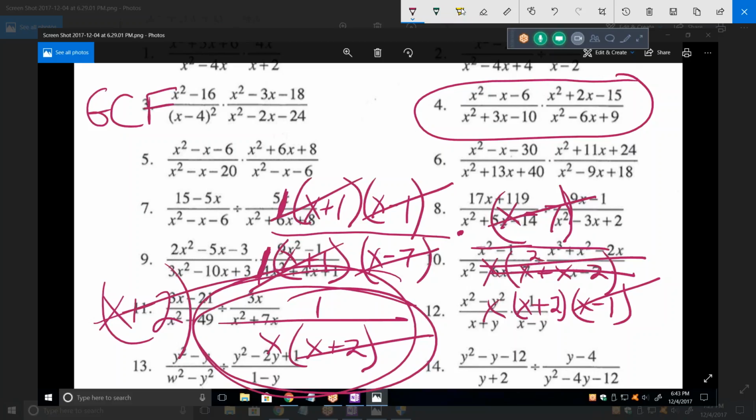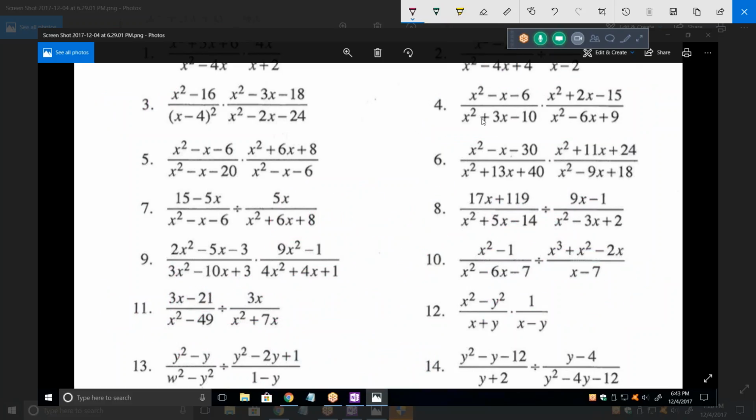Okay, let's see if I can find something different still. Well, we only got 2 minutes. Let's see what else we're looking at here. Let's look at 12 in our last 2 minutes. Factor the top left. Then it's just x plus y times x minus y.